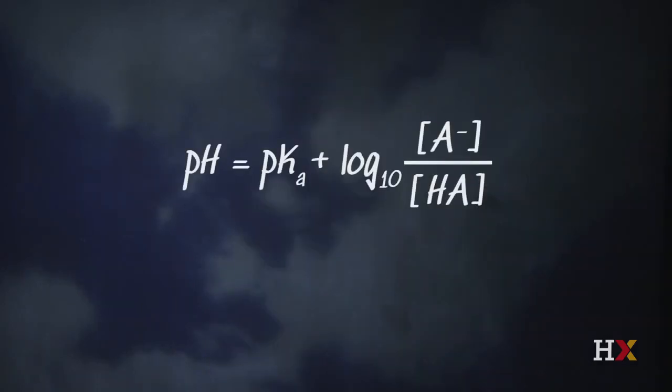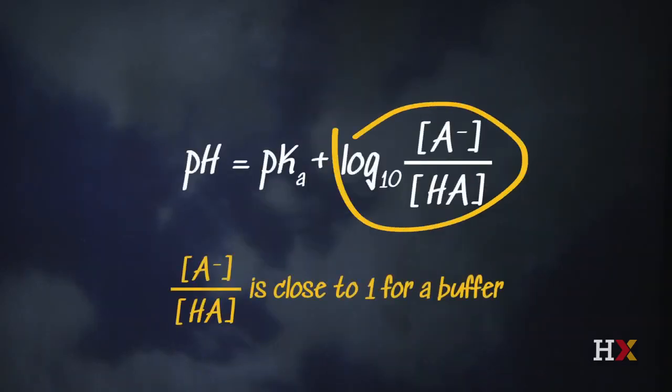Now, we could also do this by solving every single one of these equilibrium problems with a Rice table. There's no reason why that won't work. But the Henderson-Hasselbalch equation provides an extremely quick way of doing these calculations for buffered solutions. And of course, it's buffered because this quantity tends to be small.